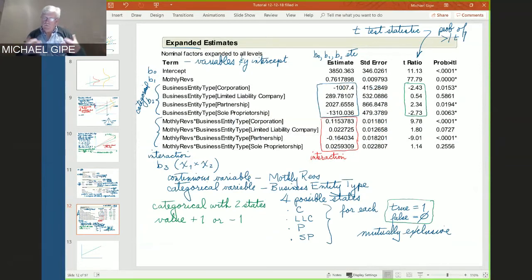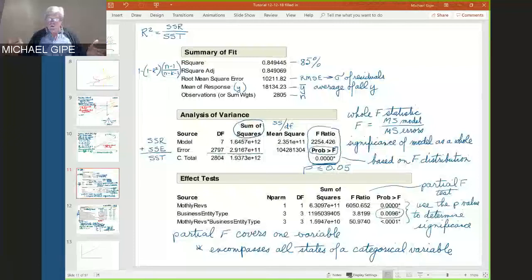Okay, so this is all the information that JMP is giving us. It's a lot of important stuff. We got R squared. We have adjusted R squared if that's important to us. We've got these standard errors and RMSE and things like that all pre-calculated for us, which is very useful if we understand where they came from. We've got our F tests for the model as a whole, and we have partial F tests for each of the variables, including the categoricals.